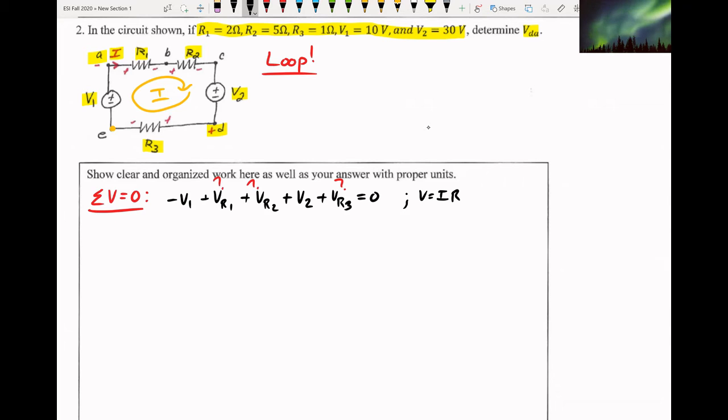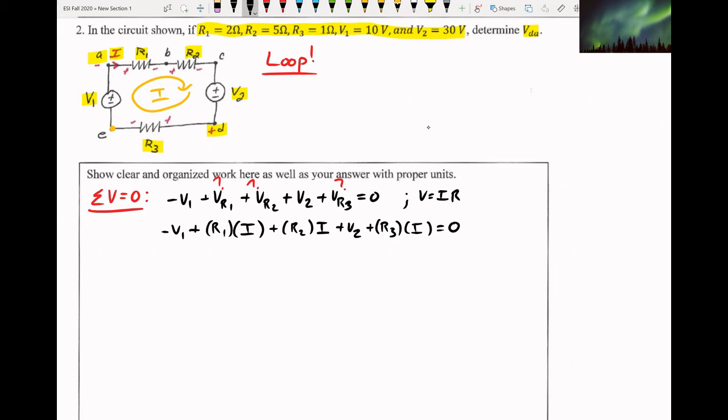So let's say negative V1 plus resistance 1 times I. I is just the current that's running through it, plus R2 times I plus V2 plus R3 times I is equal to 0. Okay.